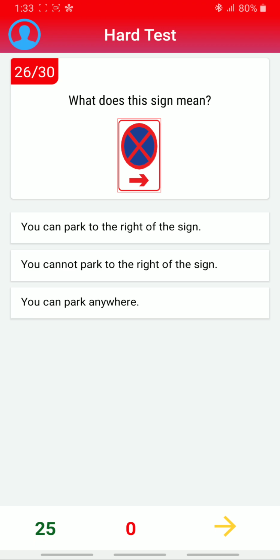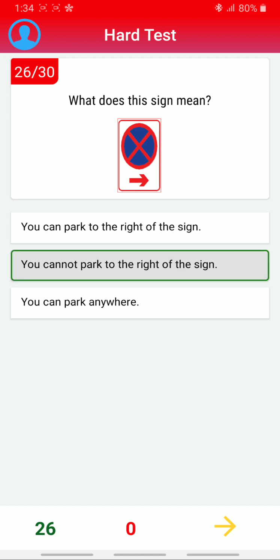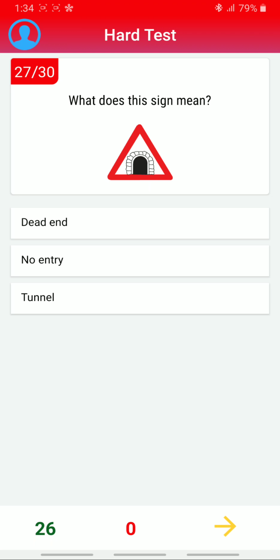What does this sign mean? The cross sign means you are not allowed to park, and the arrow direction is toward the right. So the second option is correct. Yes.